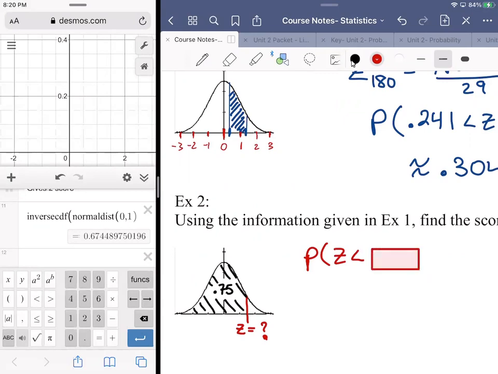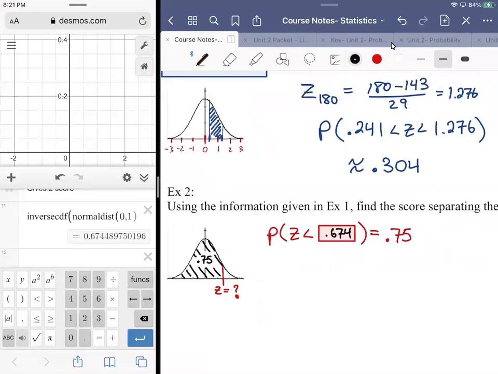That has to amount to 0.75. Good news is we already figured that out. It's still a standard normal curve. All right, so 0.75 corresponded with a z-score of 0.674. So I'm going to pop that in right there, 0.674.